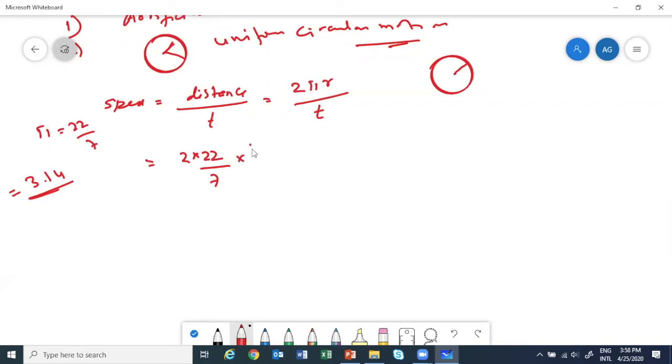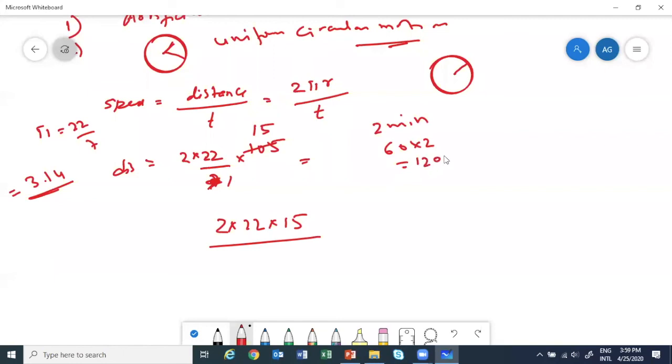And 105, 7 into 15, so this is the distance. And time is 2 minutes. 2 minutes is 60 into 2, 120 seconds.